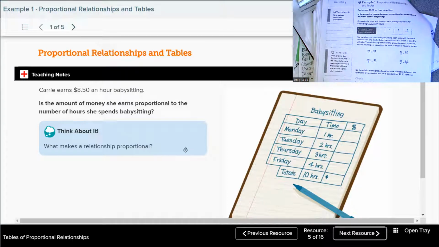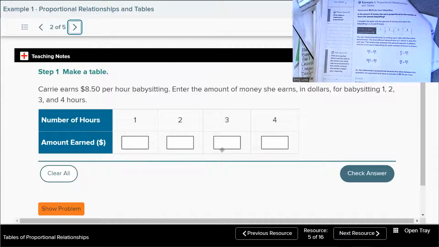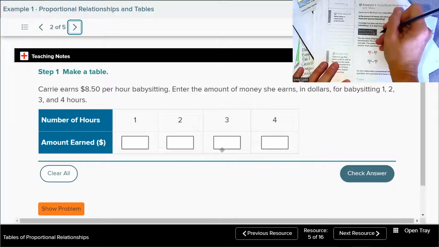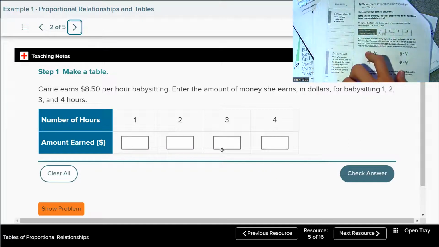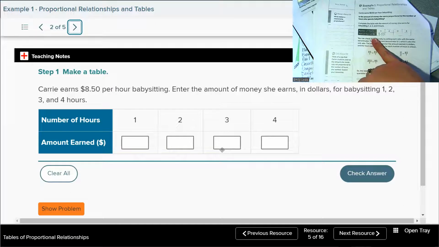This table is also in your packet there. So how much does she make for 1 hour? No, $8.50. $28 is about what I make an hour. All right, $8.50.